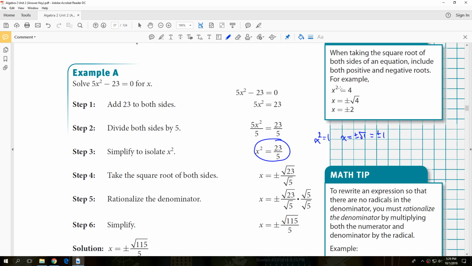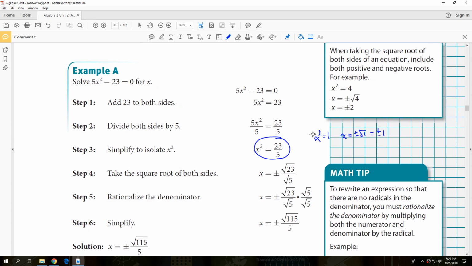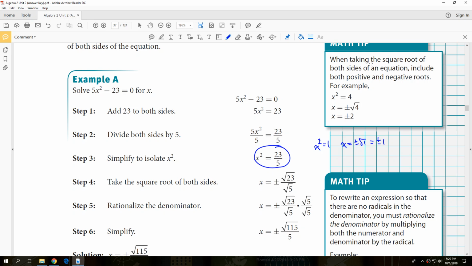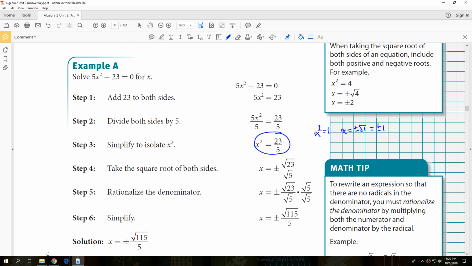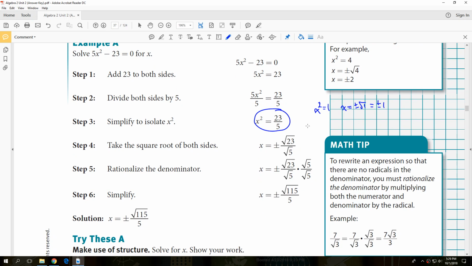Looks like they kind of show you over here, but they don't really tell you why. And by the way, I don't care how complicated this thing gets when you take the square root of both sides.